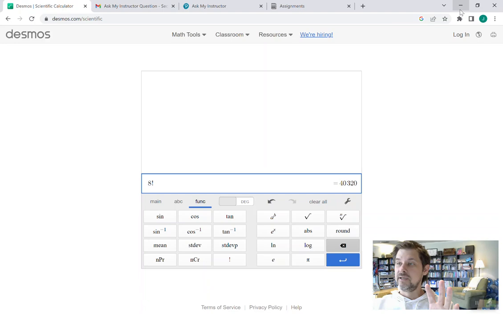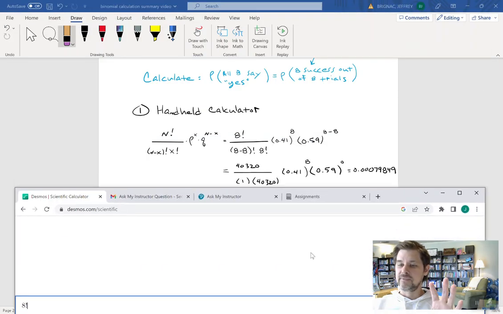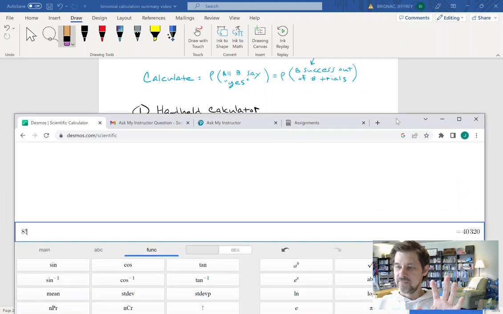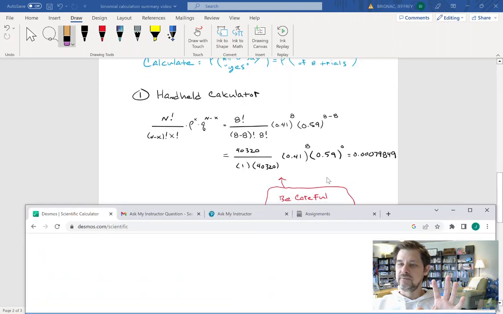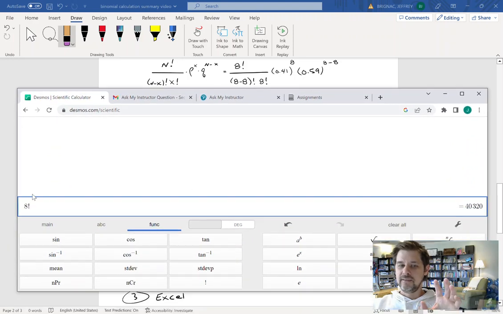If you're going to use a handheld calculator, we want to do it in one step as much as possible, okay? So here's what I'll do. Rather than calculate one number at a time, I'm going to type the whole thing in, and I want to type it in like that.